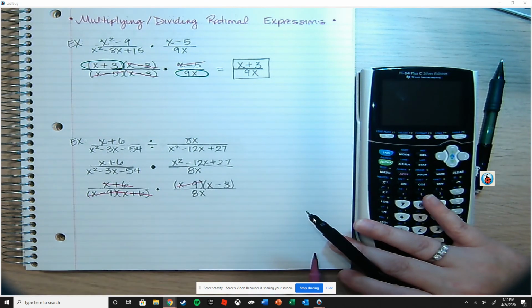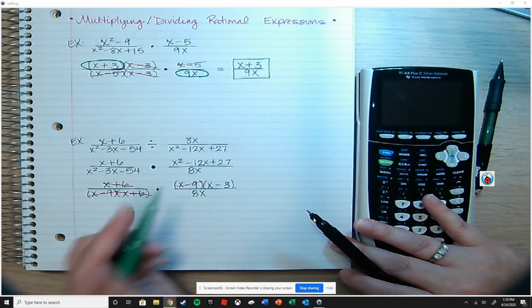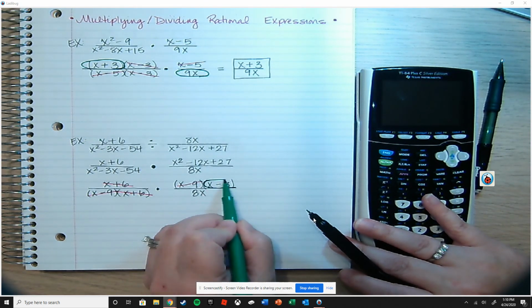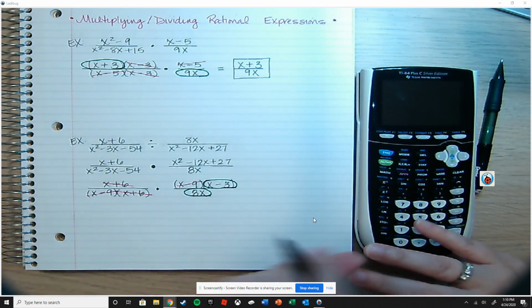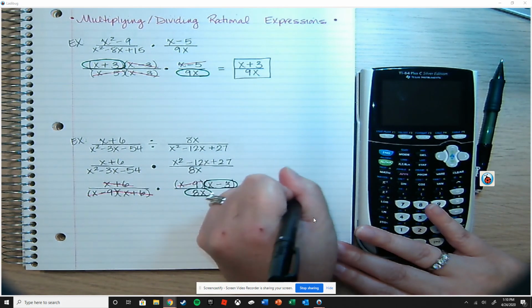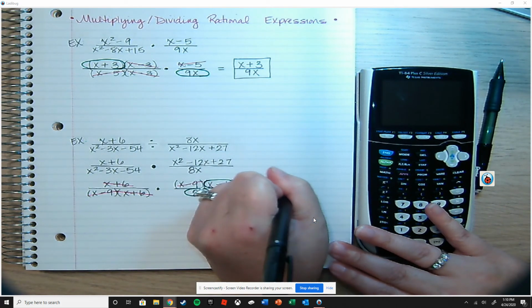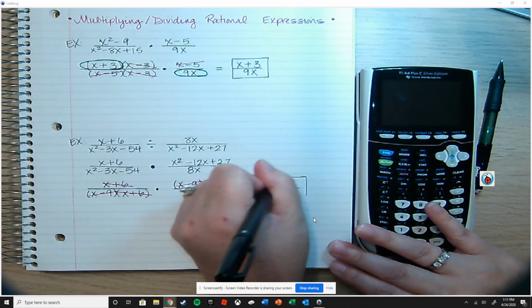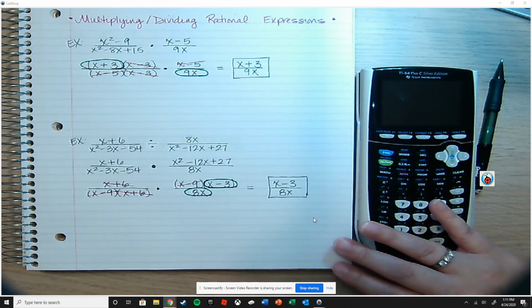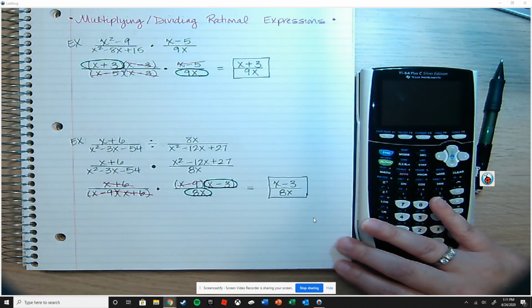That eliminates. And now I'm left with x minus 3 in the numerator, and I'm left with 8x. So equals x minus 3 over 8x. So I have multiplied my fractions and simplified all in one step.